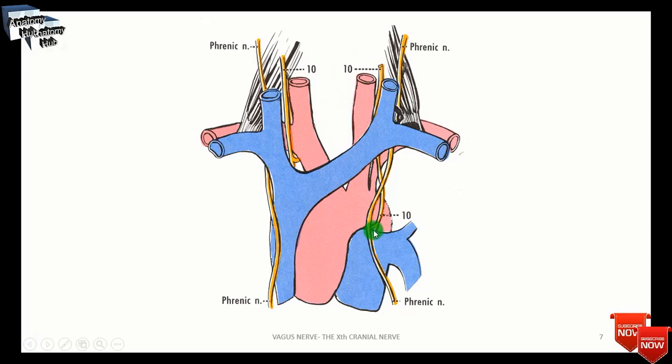So both recurrent nerves ascend; here you'll find the right recurrent laryngeal nerve, which hooks around the first part of the subclavian artery. Both are closely related to the thyroid gland and inferior thyroid artery. Therefore, they are in danger in thyroid operations.